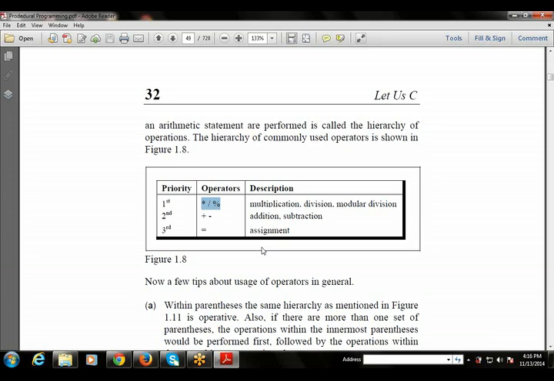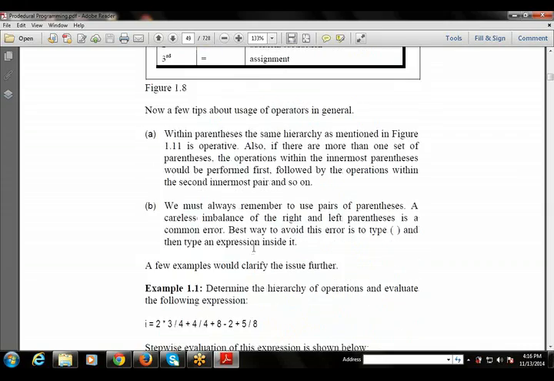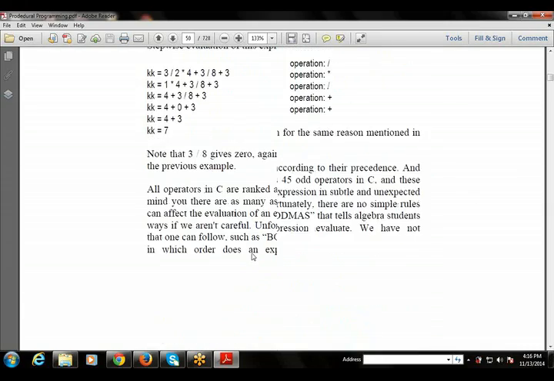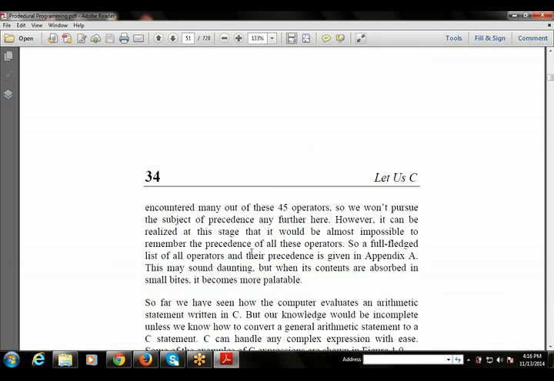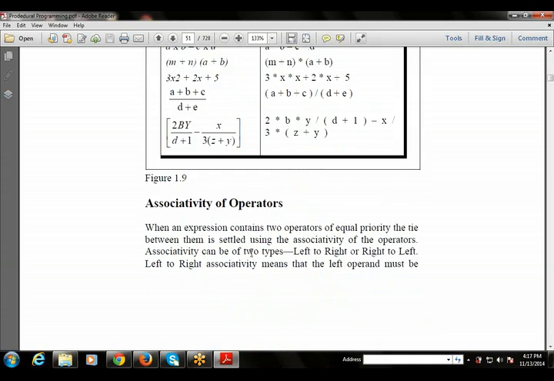So first of all multiplication, division, modulus, then addition, subtraction, then assignment. If they are of the same category, then go from left to right. These are the examples that we have discussed.